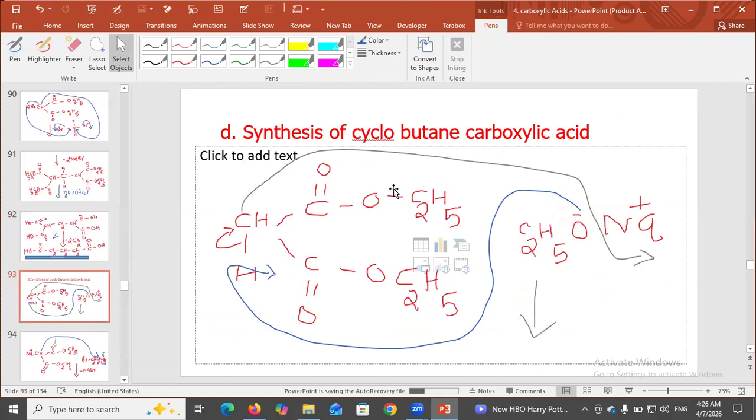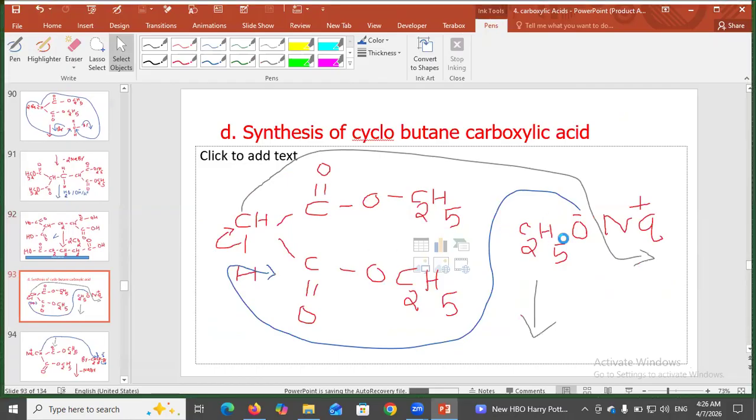Synthesis of cyclobutane carboxylic acid. The malonic ester is treated with sodium ethoxide.